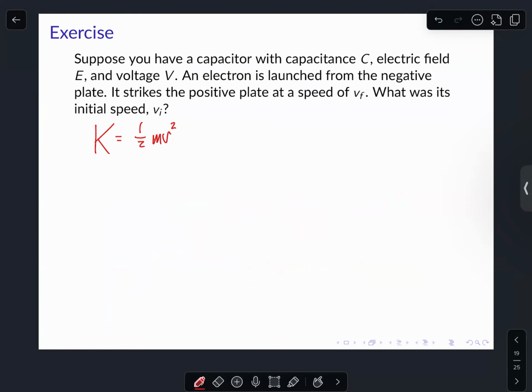In order to solve this problem, you must write an equation. Notice I am not asking for you to plug in numbers. I am asking you to write an equation which relates energy to stuff and solve for V initial.